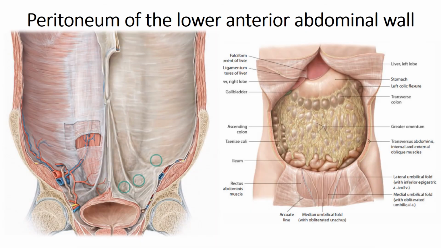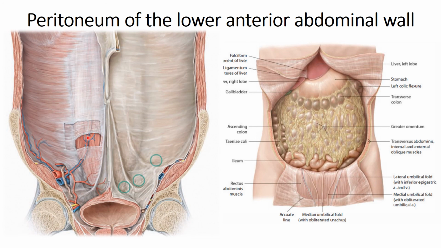The peritoneum of the lower anterior abdominal wall is divided into 5 diverging folds from the umbilicus, and they are also referred to as ligaments. So there is this median umbilical ligament, and on both sides they are medial and lateral umbilical ligaments.